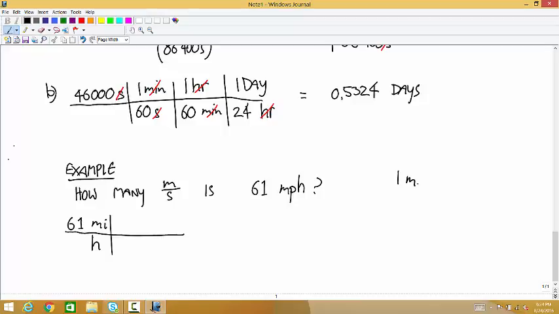1 meter is equal to 3.281 feet. 1 yard. Why am I doing it like this? This is a crazy way to do it.